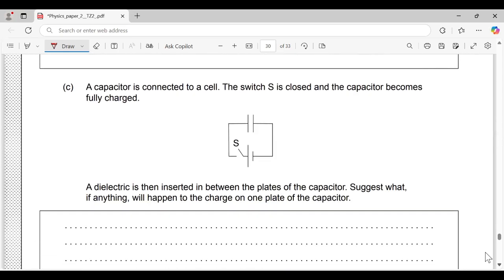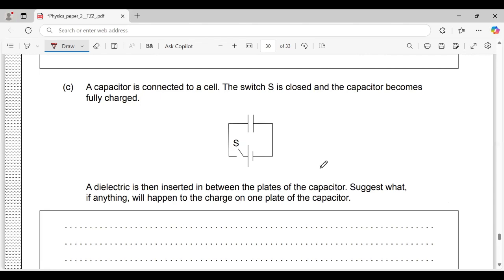A capacitor is connected to a cell. The switch S is closed and the capacitor becomes fully charged. This is the circuit. A dielectric is then inserted in between the plates of the capacitor. Suggest what, if anything, will happen to the charge on one plate of the capacitor.